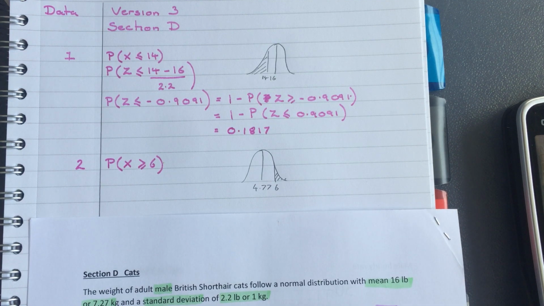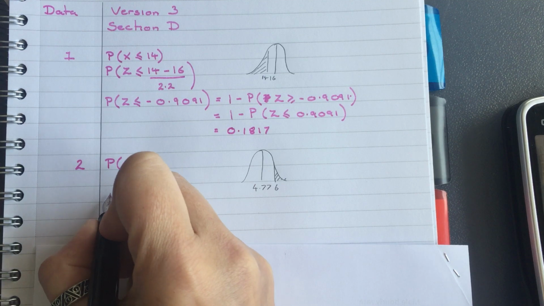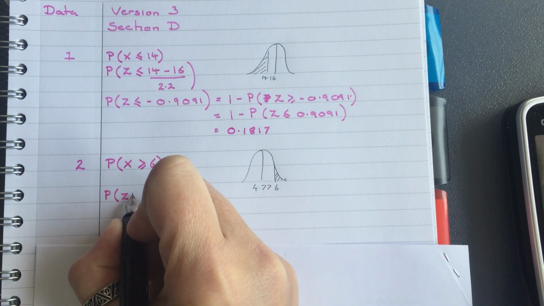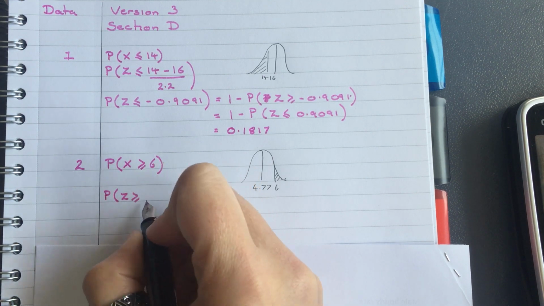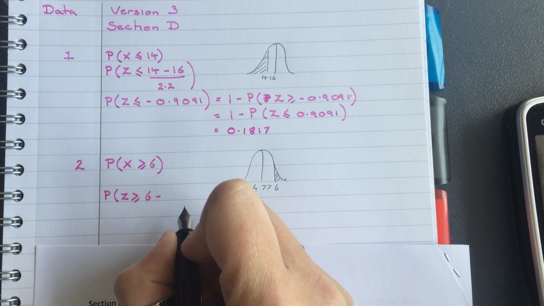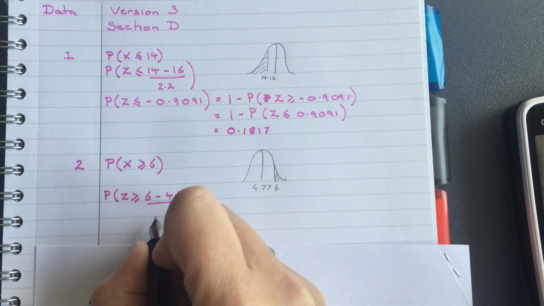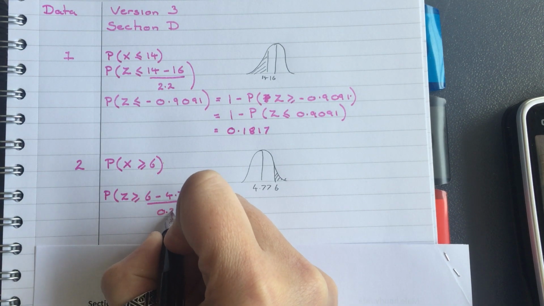So things that we need to write. We need to convert it to Z. So we've got the probability that Z is greater than or equal to the value of X minus the mean over your standard deviation, and the standard deviation is 0.36.